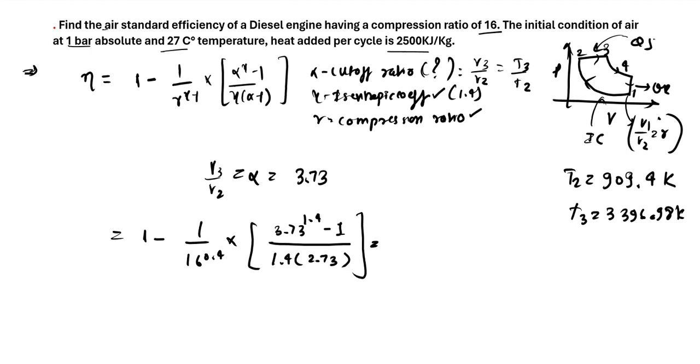Let us calculate it: 3.73 to the power 1.4 minus 1, divided by 1.4 into 2.73, divided by 16 to the power 0.4. 1 minus that will give you 54.1 percent as your cycle efficiency.